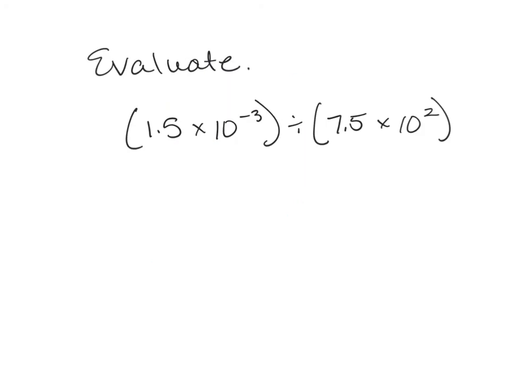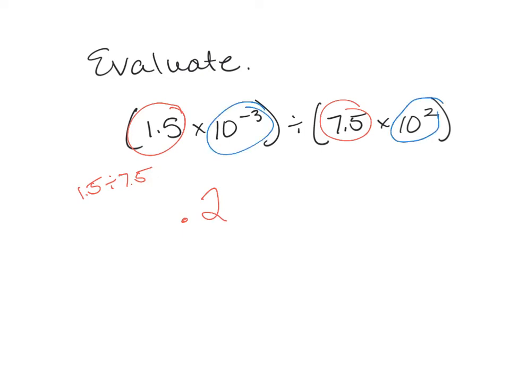Let's try it again. It's written in a little bit different way, but it's still the same thing. We are going to start with our numbers. So we're going to do 1.5 divided by 7.5, which gives us .2. Use a calculator. Now we're going to do our powers of 10. So again, we're dividing powers, so we are going to subtract our exponents.